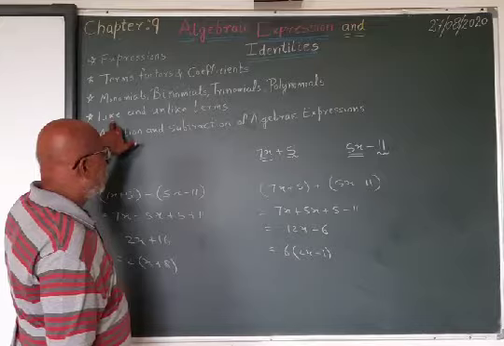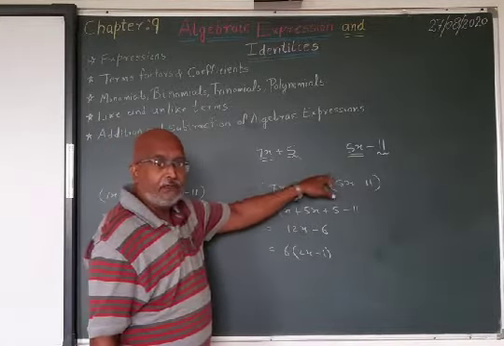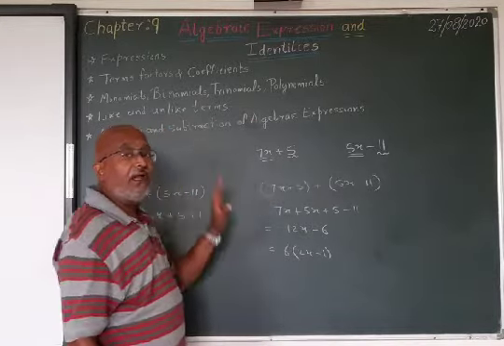Only like terms can be added or subtracted. Unlike terms cannot be added, nor can they be subtracted. For example, if here suppose one y is there and here suppose one xy is there, then these are unlike terms.